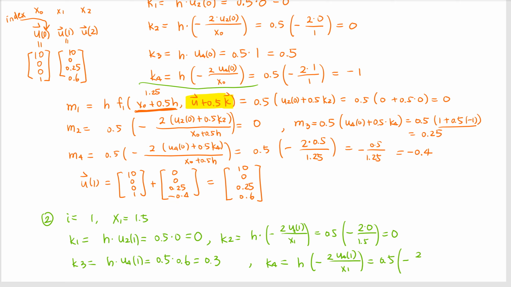So 0.5, U4 of 1 is 0.6, x1 is 1.5. Well, it's negative. 2 times 0.5 is 1. So it's the same as 0.6 over 1.5. This is the same as 6 over 15, right? And 6 over 15, the common factor is 3, so minus 2/5. Oh, this is the same as negative 0.4.